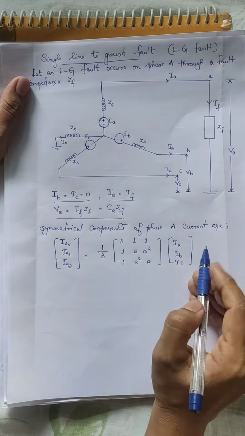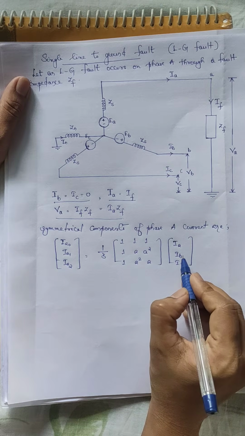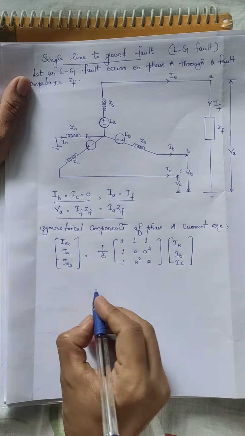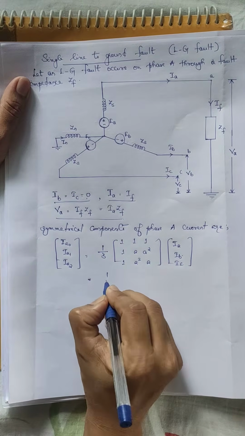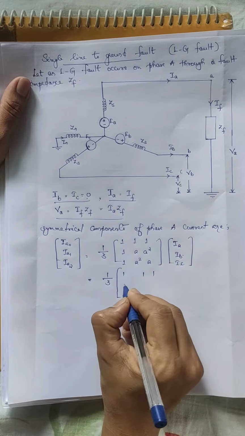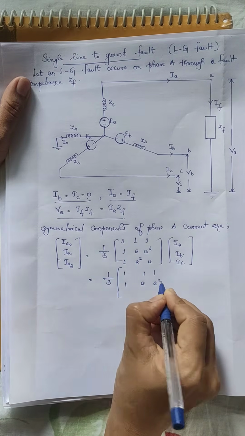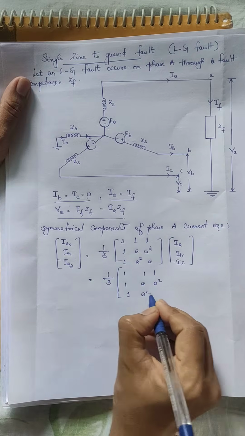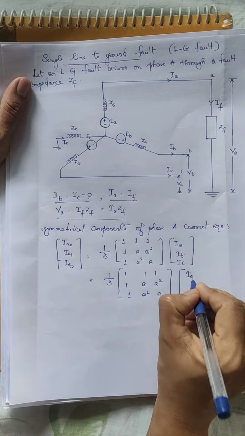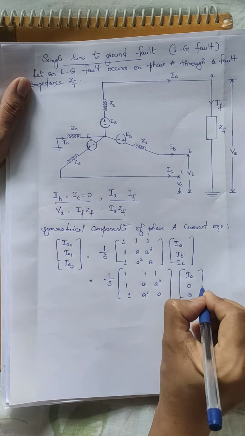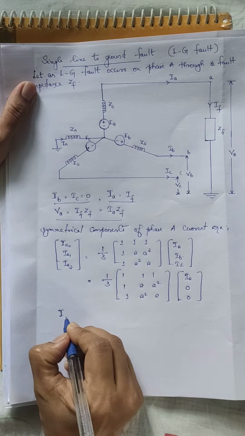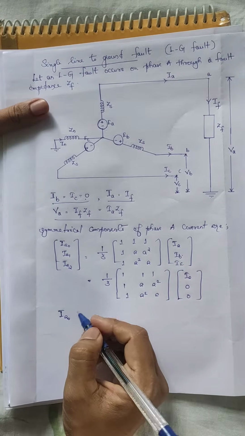But in this particular case, we got the value of IB and IC as 0. So let us substitute those values. So 1 by 3 into the matrix [1 1 1; 1 A A square; 1 A square A] into IA, 0, 0. So from this we can write values of IA0, IA1 and IA2.